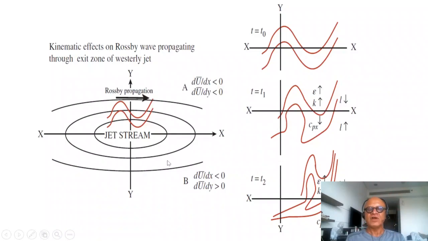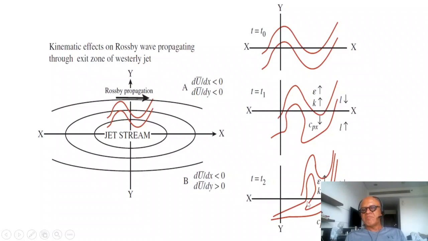Whereas to the south of XX here, the meridional wave number is increasing, so the waves are becoming shorter and also depositing energy there. So the net phase velocity is southward here of the Rossby wave, and at further time t2 you still have southward phase velocity, but you have the same situation.